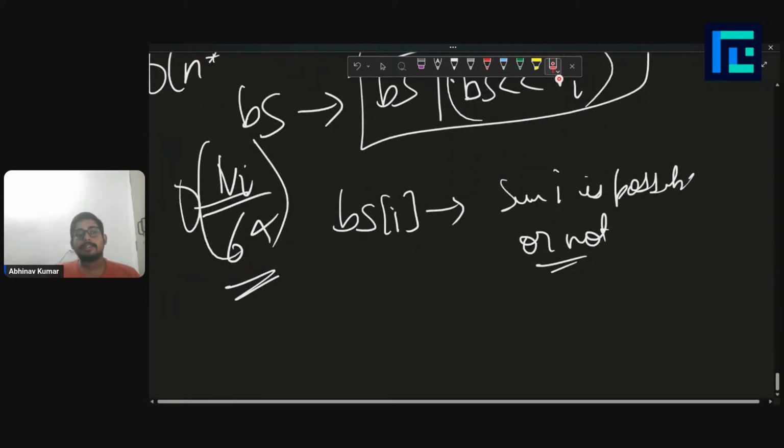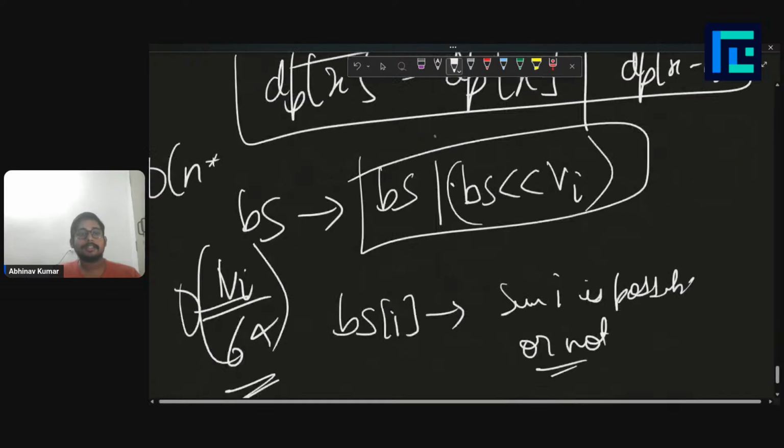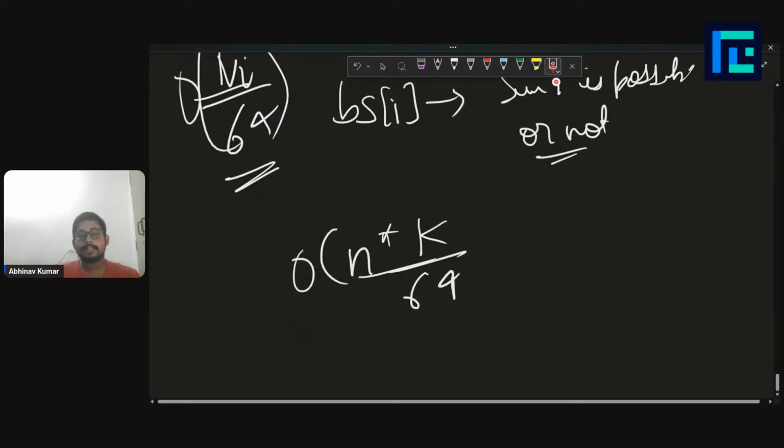So basically you reduce your complexity to n into k divided by 64, since vi may go up to at most k. So the time complexity is order of n into k by 64.